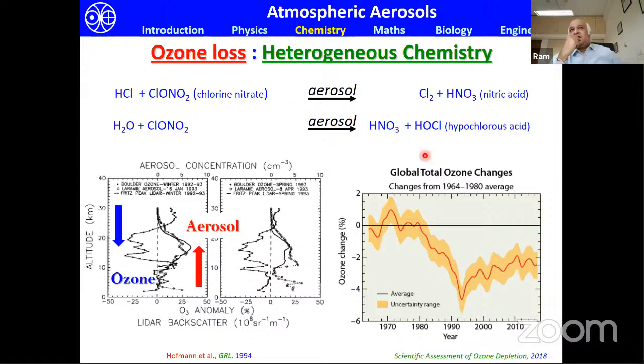So when I was discussing the other process, I also mentioned these aerosols playing a role in ozone depletion. This again connects to the biogeochemical cycle, when aerosols contribute to other aspects.